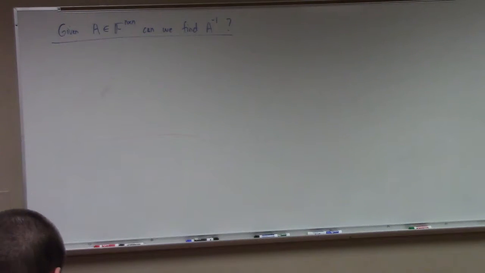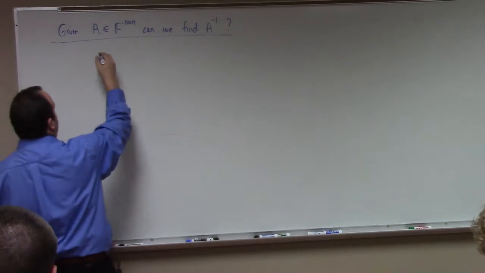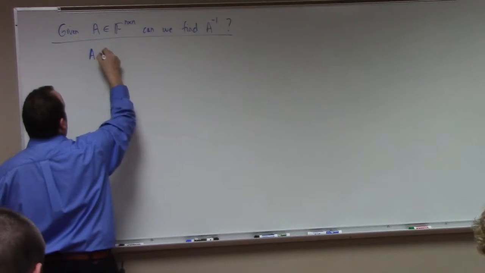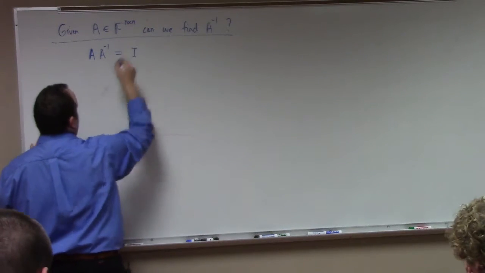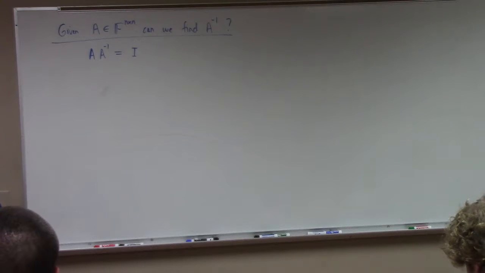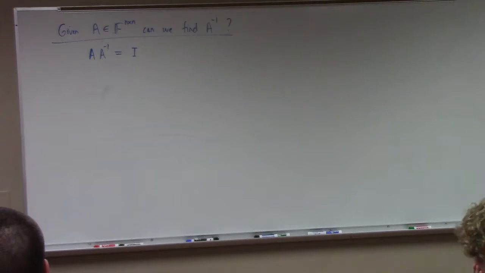How do we calculate that? All right, let's look at what that means. That means that A times A inverse equals the identity. It also means that A inverse times A is equal to the identity, but let's focus our attention on this half of the puzzle.